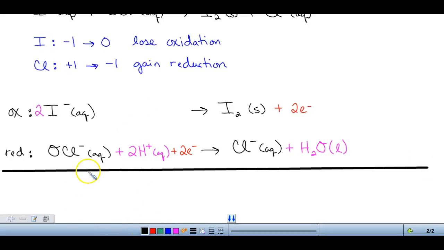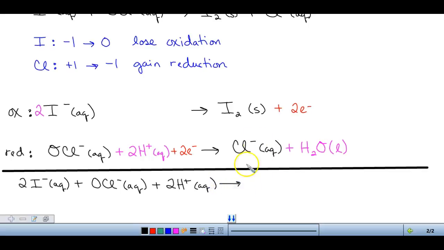Alright, so now I'm going to bring down my reactants and products. So I have 2 iodide ions, a hypochlorite, 2 hydrogen ions.